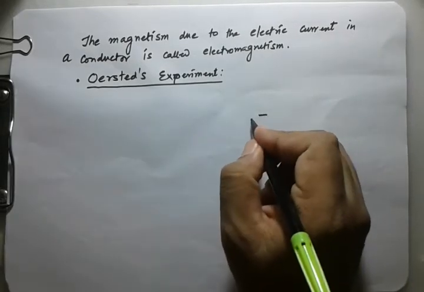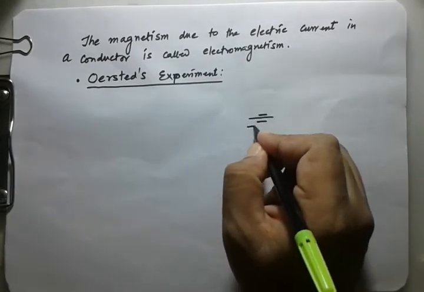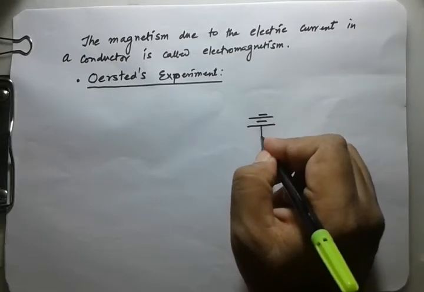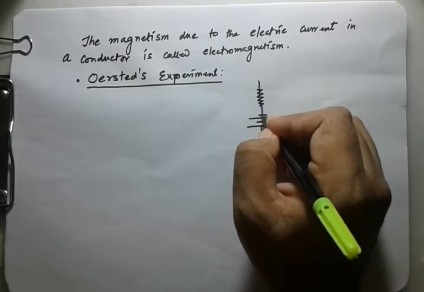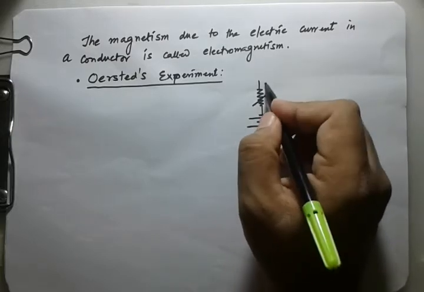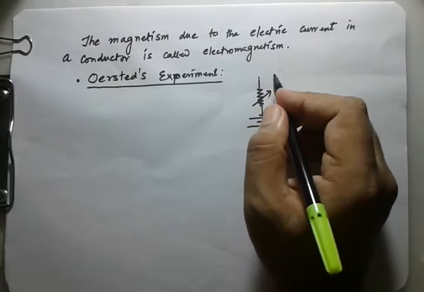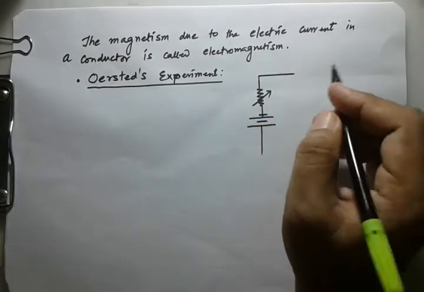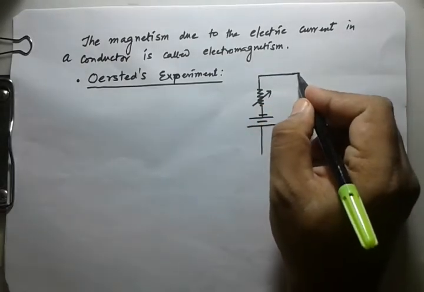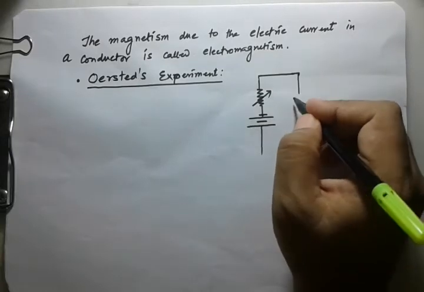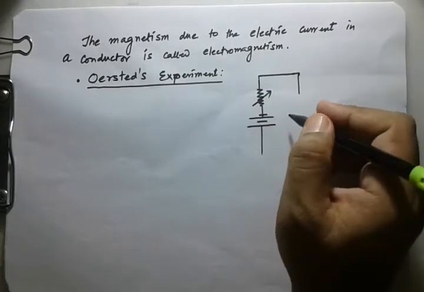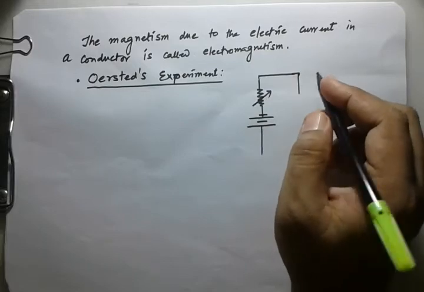Here is one battery connected. Here is one variable resistor. And here is a compass.